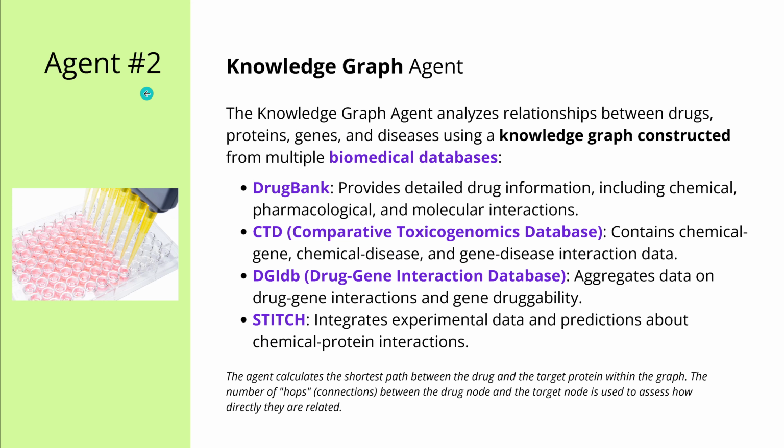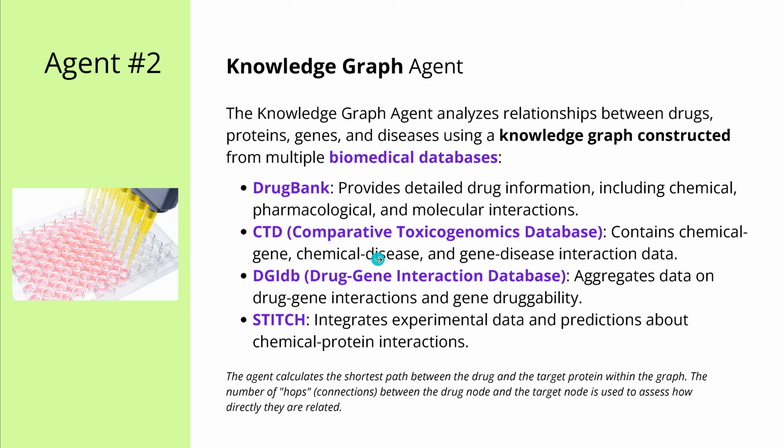Agent 2 is what you know. We now build a knowledge graph agent because it is simple. We have so many biomedical databases. Let's focus on human, for example. Or whatever you want to go with, we have DrugBank. We have the Comparative Toxicogenomics Database.